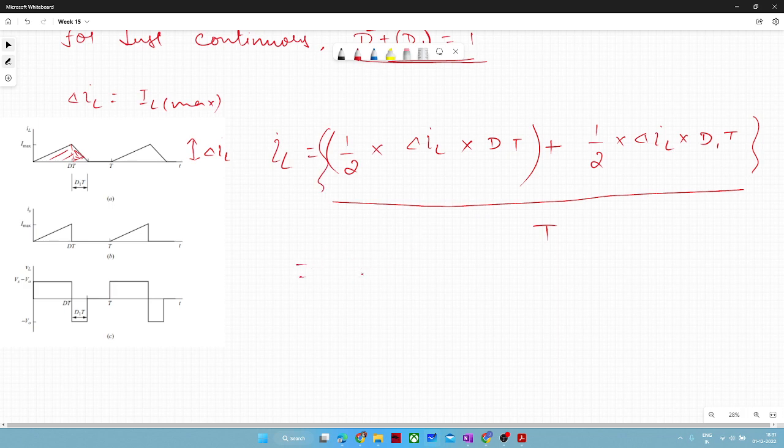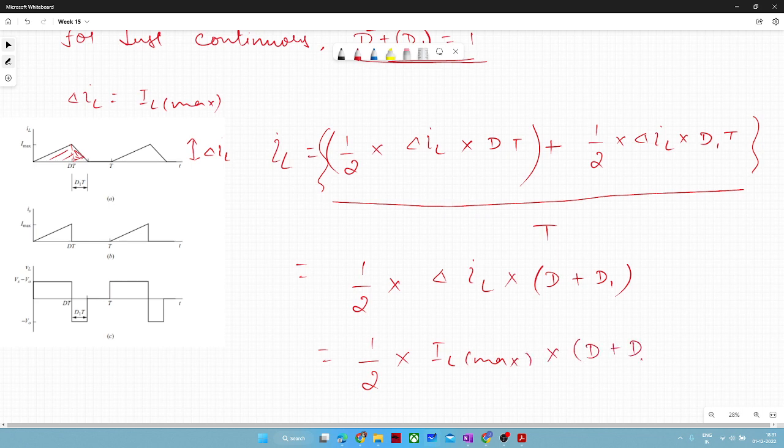Now, if I sum up, I will get half into del IL into d plus d1. And I can write del IL as IL max, half into IL max into d plus d1.